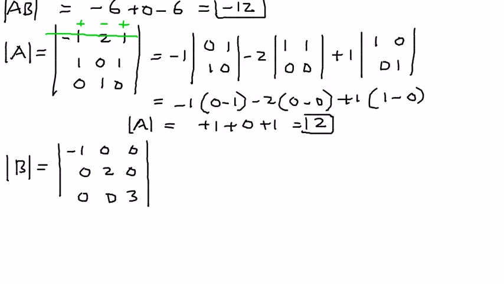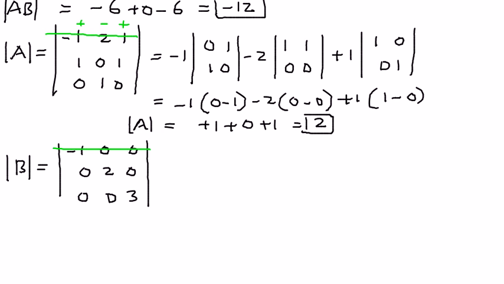And to find the determinant, again, we will travel along the first row. We can travel along any row, or we can travel along any column, as we have shown you in my previous video presentation. No matter which way we travel along the rows or along the columns, the determinant is going to be the same. So for convenience, we are traveling along the first row in this particular example problem.